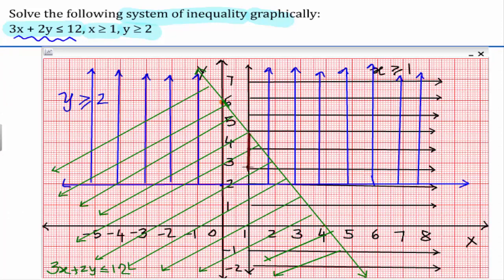Here is the one line, and here is one, and within this triangular region there are 3 lines which is in slanting green and horizontal black and vertical blue. So the points which are in this region are the solutions for the given system of inequality.